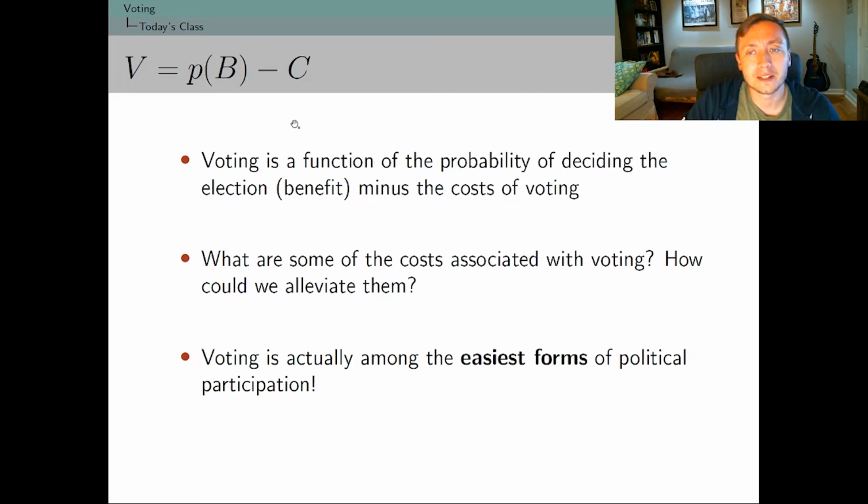Probability of benefit. Now, there's occasionally an election for a town council seat or for student body president at a small college where it may come down to a single vote. There's a famous and possibly apocryphal example of a student body election at a small college where every single student had voted, with a turnout rate of 99.9%, with the exception of a single student who was asleep in their dorm room.